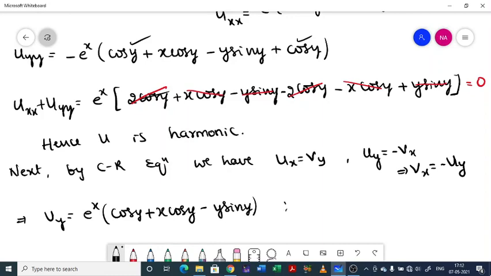Similarly, vx we have minus uy. So minus uy is e power x times x sin y plus y cos y plus sin y.